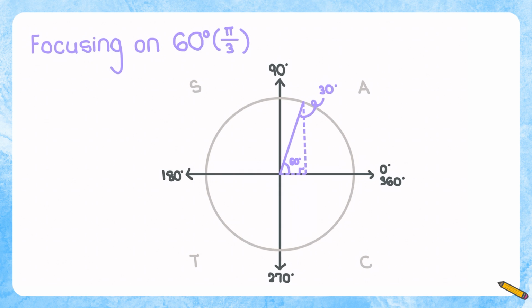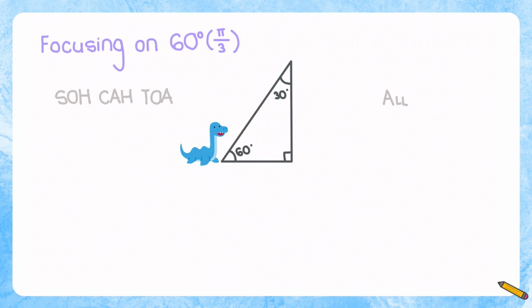So we're working with the 30, 60, 90 triangle again, but notice how it's a little different compared to when our reference angle was 30 degrees. Once again, I am standing at the center of the unit circle. So here I have my reference triangle, which creates a 30, 60, 90 special right triangle. The short leg has a length of 1.